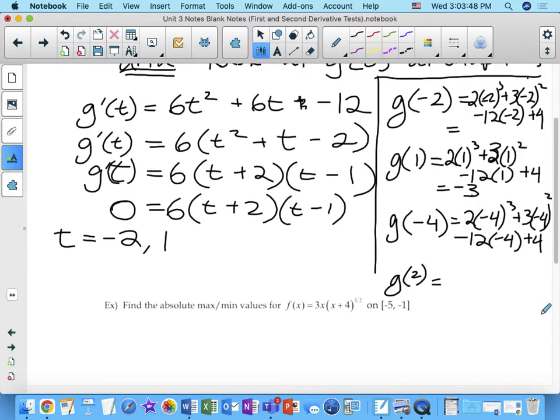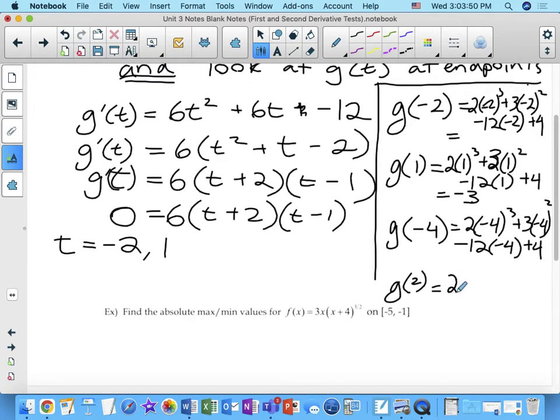And this one is 2 times 2 cubed plus 3 times 2 squared minus 12 times 2 plus 4. Okay, so we still need g of -2, g of -4, and g of 2.